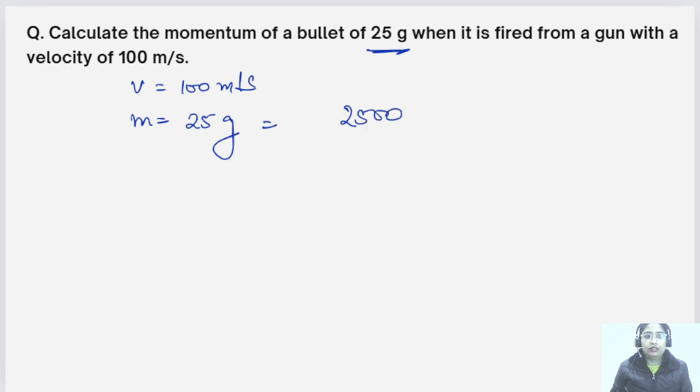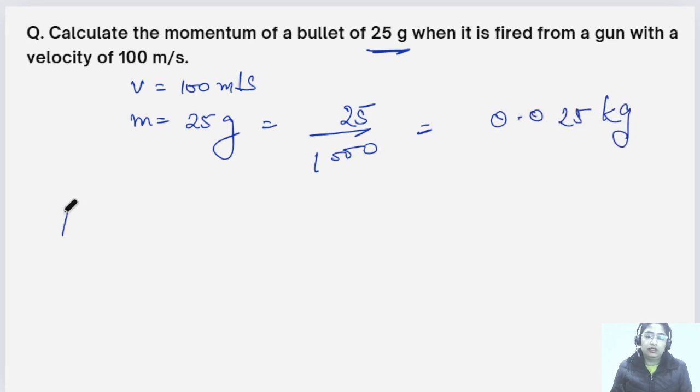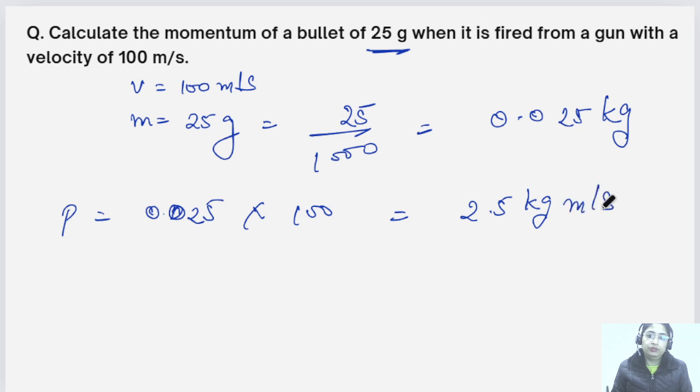So convert this mass into kg. So 2.5 kg meter per second. This will be the answer.